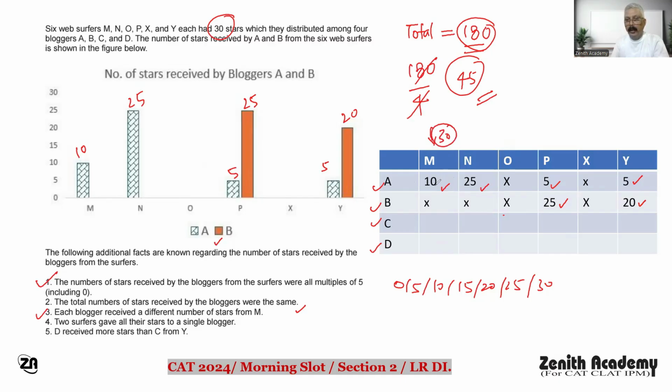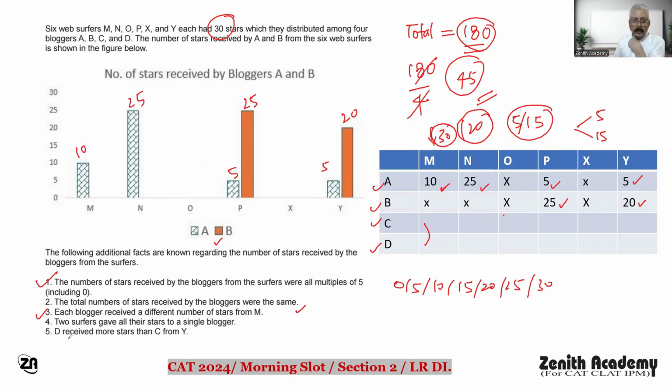Out of 30, 10 given to A. So the remaining 20 he will distribute between C and D because he's not giving any star to B. And it is given that each blogger received a different number of stars from M. So 10 given to A. So out of 20, M can distribute 15 and 5, or 5 and 15. So 5 and 15, 20, right?